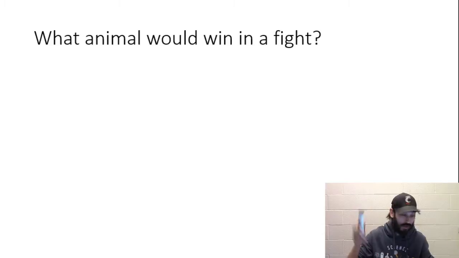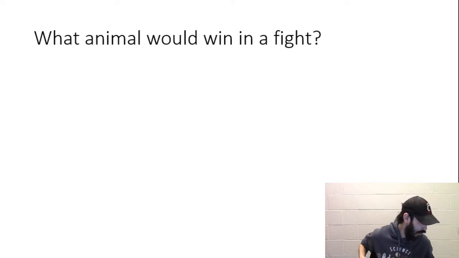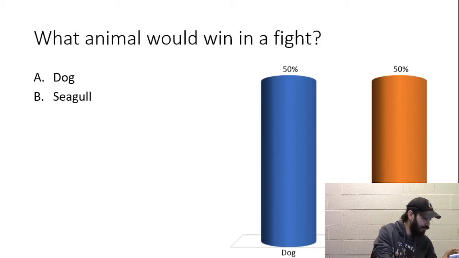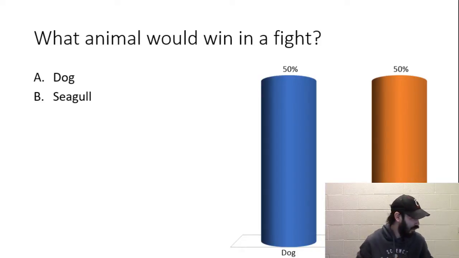So my phone is going to be team dog. And then my clicker is going to be team seagull. Actually, I think I did it the other way around, but it doesn't really matter. So we have our teams set up. This phone is actually team seagull now. The remote is going to be team dog.